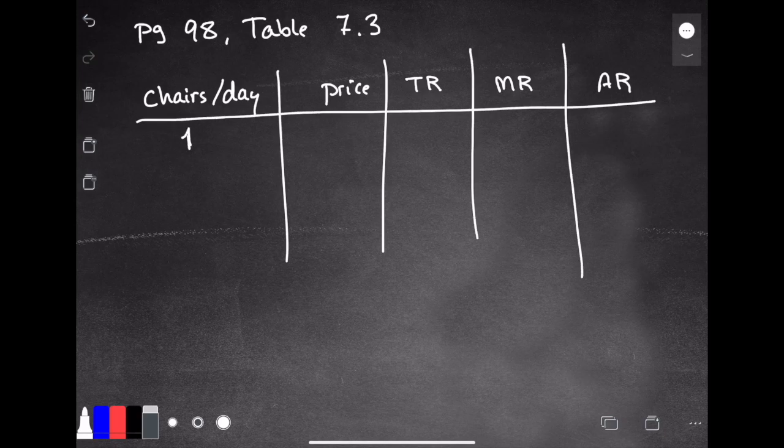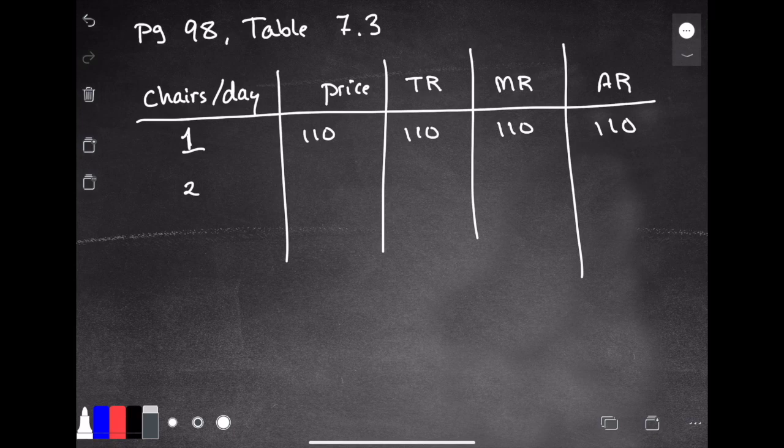If you sold 1 chair per day, let's say you could charge a price of $110. So your total revenue is 110. Since you had no revenue when you sold 0 chairs per day, your marginal revenue would be equal to 110, and your average is also equal to 110.